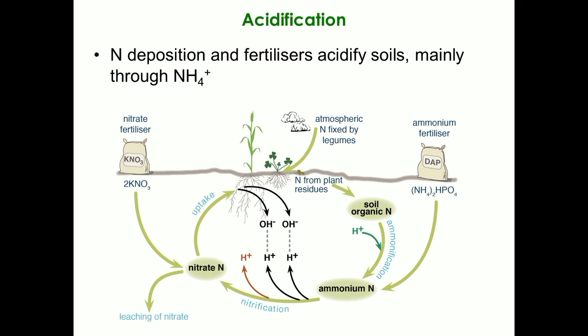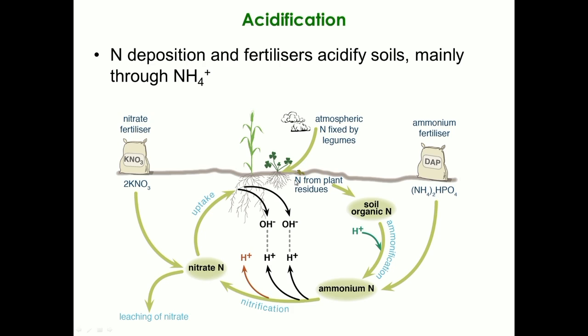So I mentioned acidification. This is one of the other consequences of high nitrogen inputs, particularly due to ammonium deposition. So pH in most soils is usually maintained at a fairly stable rate, and natural nitrogen cycling processes maintain pH balance.